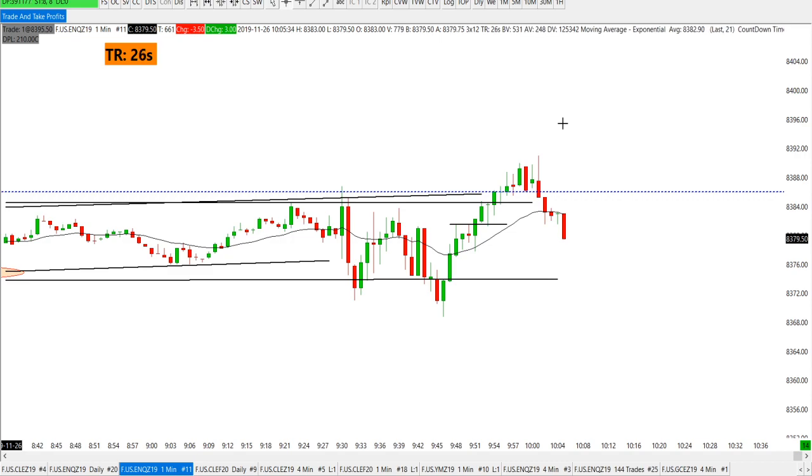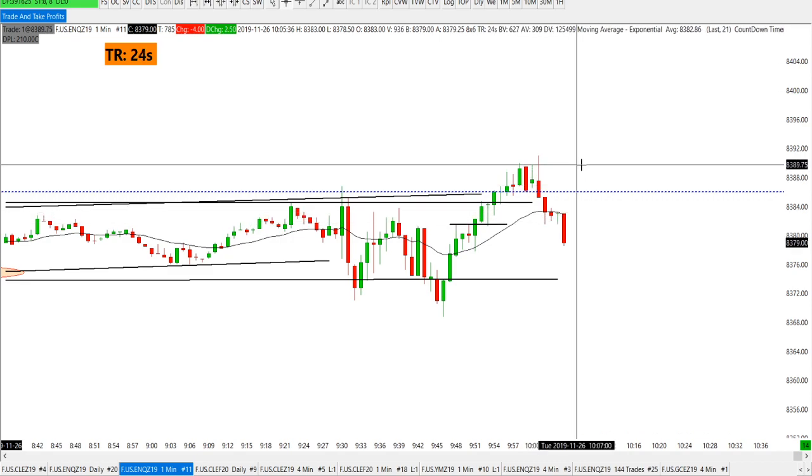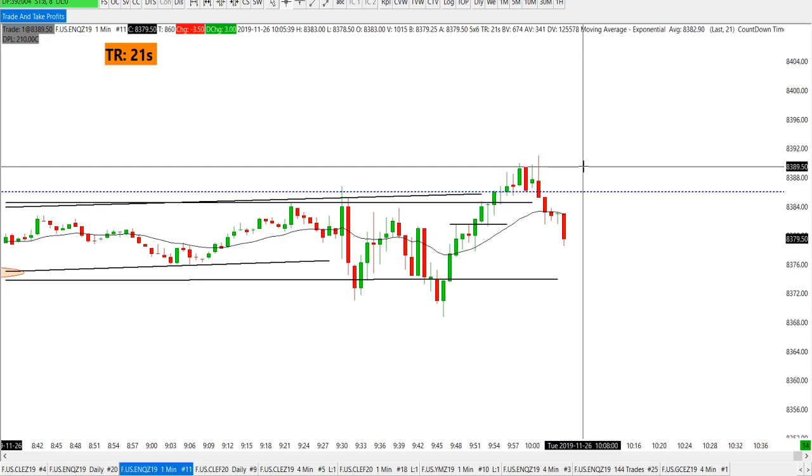This would be a very aggressive sell right here, but it might work out. So sellers are in the building.